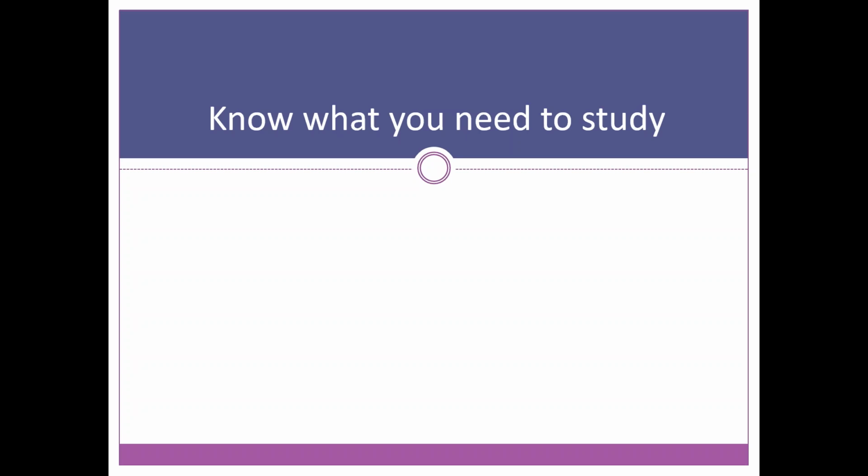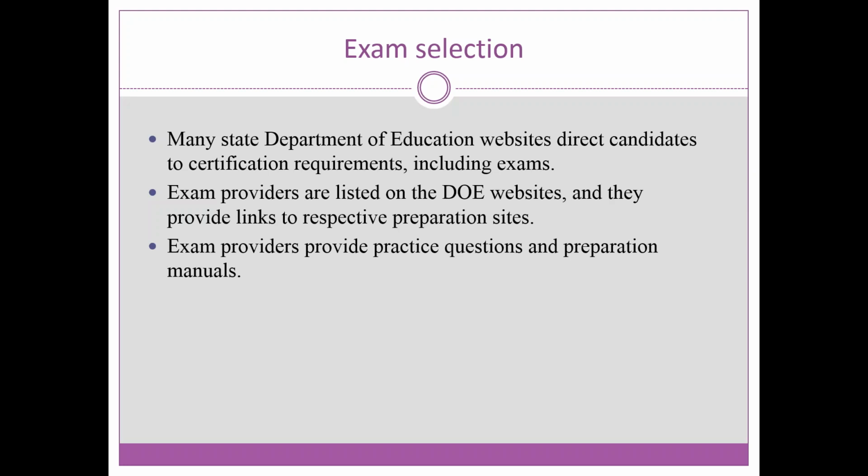Now, what you need to study. So when you're thinking about what to study, it is important to determine first the correct exam. So to make your exam selection, you'll first go to your online State Department of Education website, and you'll look at initial teaching certification requirements, and there you will see the required exams.